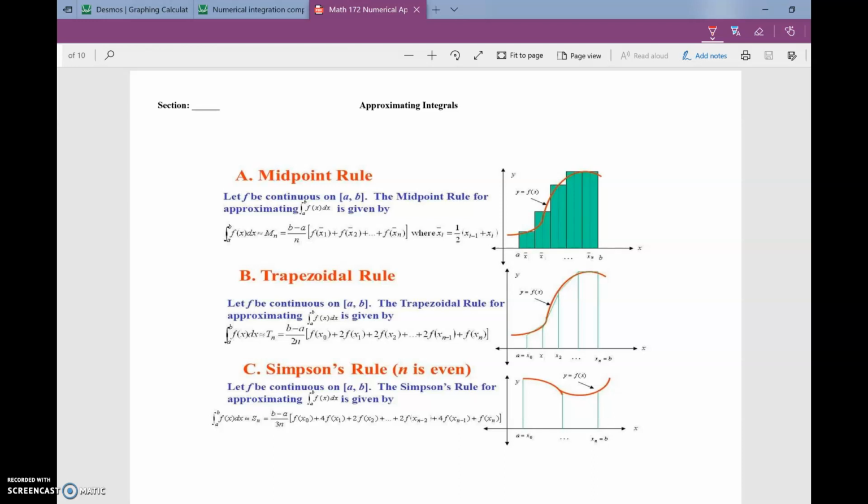And if we're using technology, any of these 3 would be fine. But the one that actually approximates the integral best for a smooth function is method number C, Simpson's rule. For n very large, it's going to converge to the integral faster than the other 2 methods.